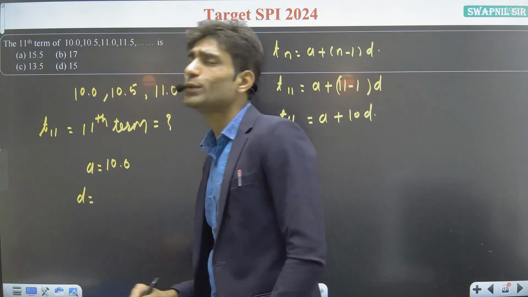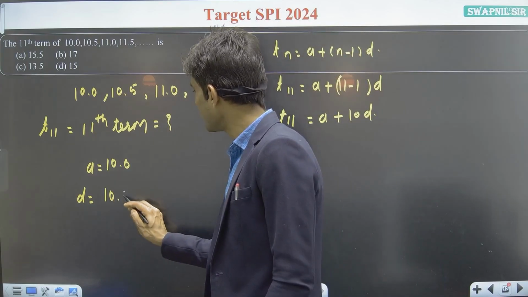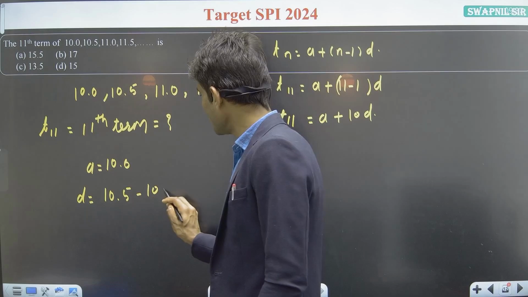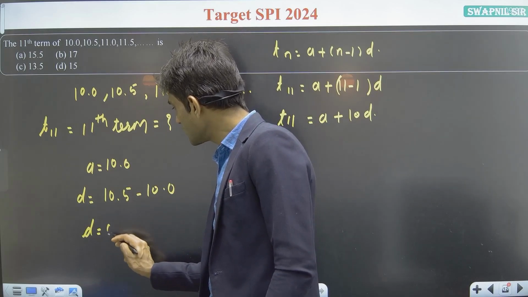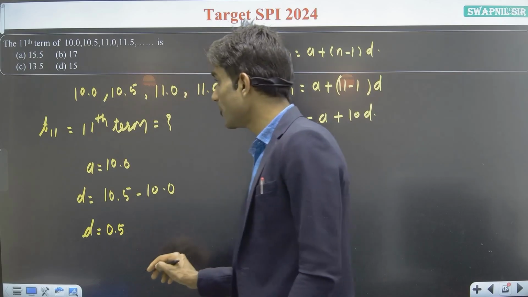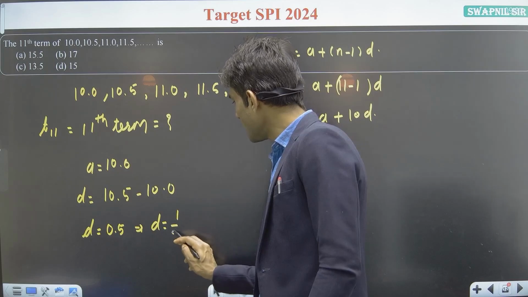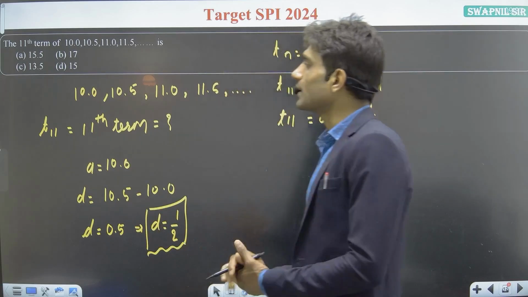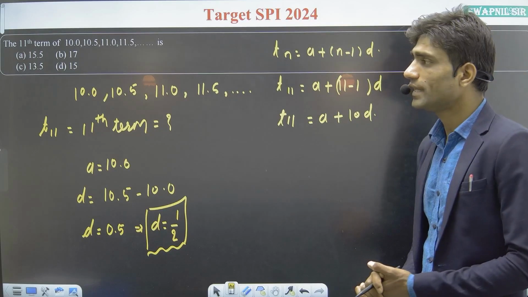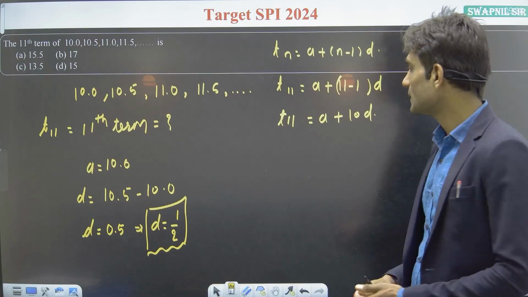Consider two consecutive terms: 10.5, the second term, minus 10.0, gives 0.5. So the common difference d is 1 by 2.